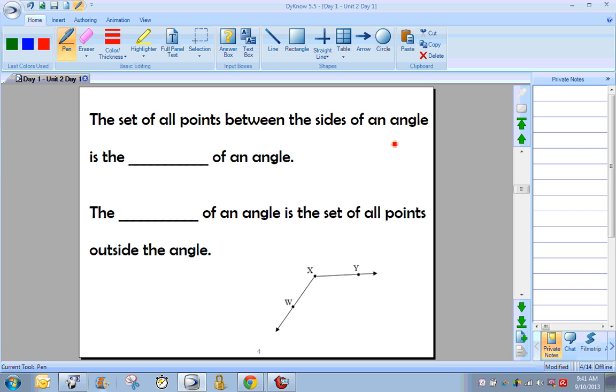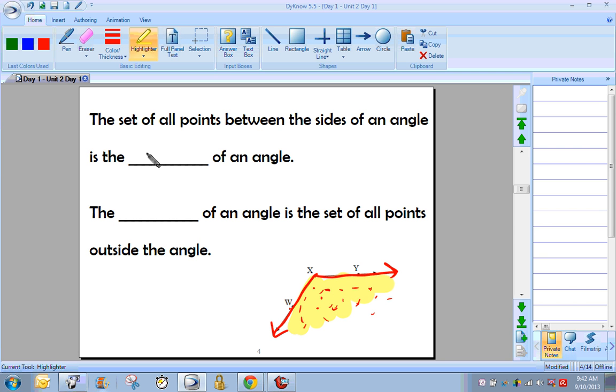Moving on. This is what we're going to deal with. The set of all points between the sides of an angle is the blank of an angle. Here's what they're talking about. I've got this angle. What are all the points inside of those two sides referred to as?